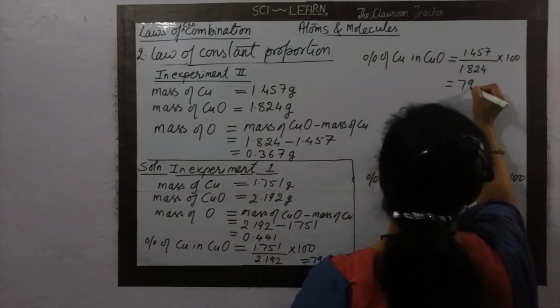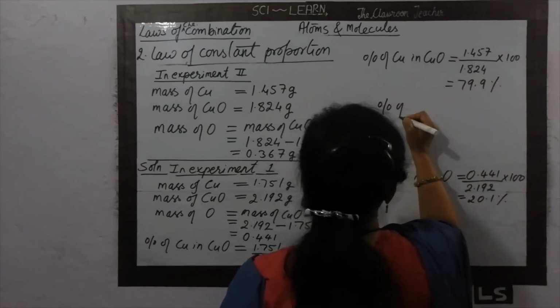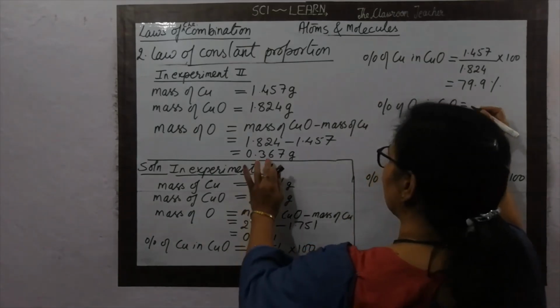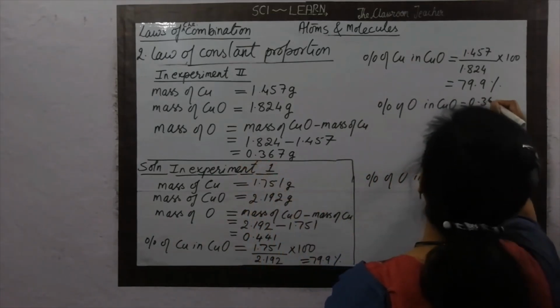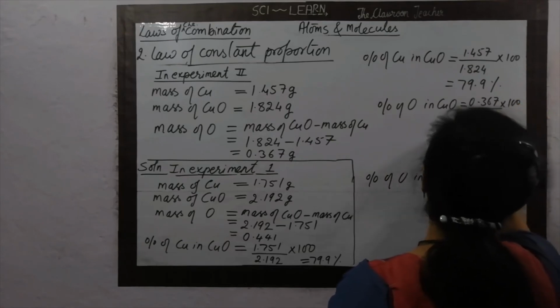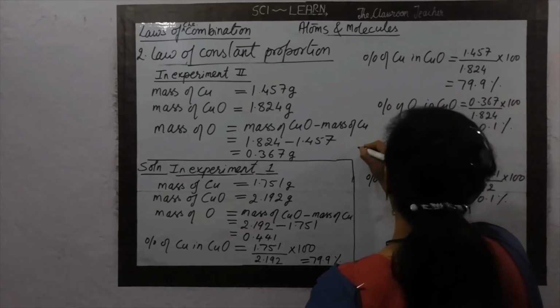You get the same answer, that is 79.9%. Then find out the percentage of oxygen in copper oxide. The mass of oxygen is 0.367 divided by mass of copper oxide, that is 1.824, into 100. Again you get the same answer, that is 20.1%.